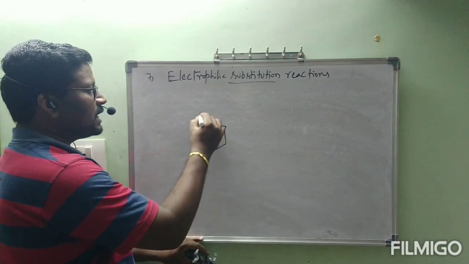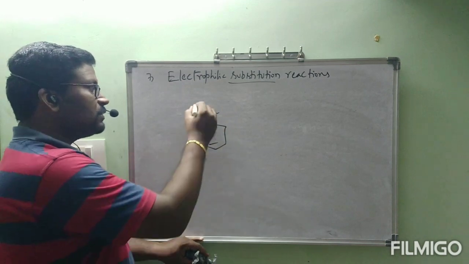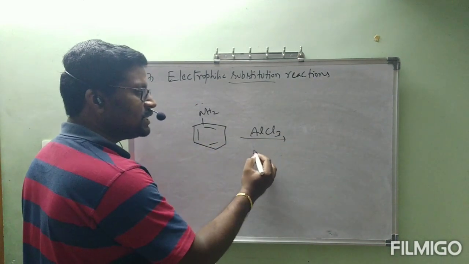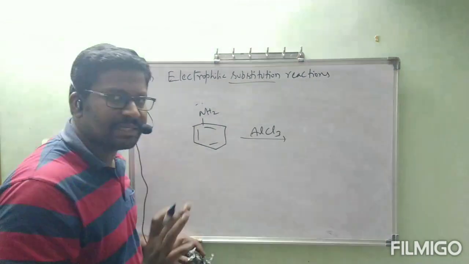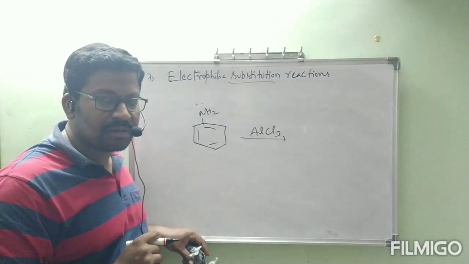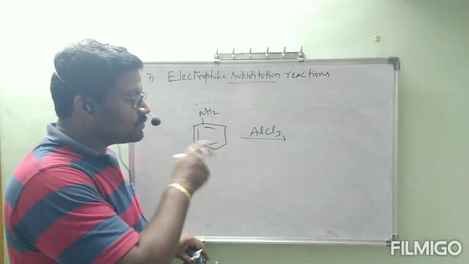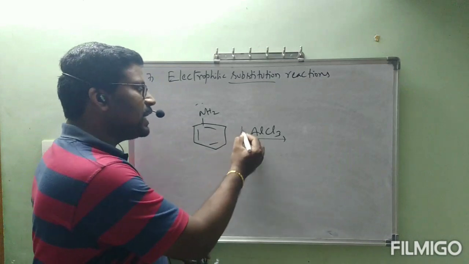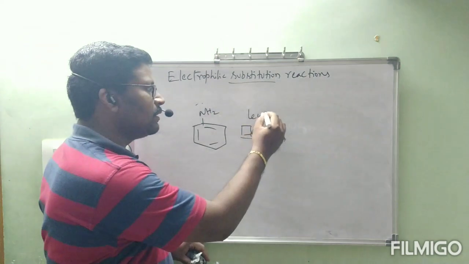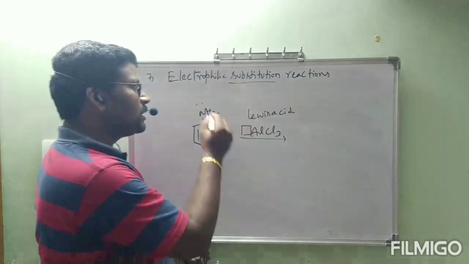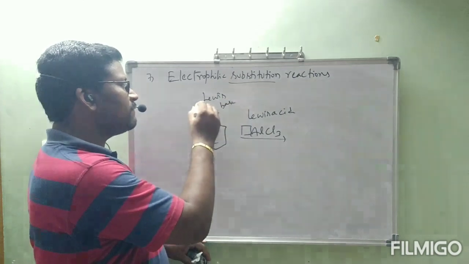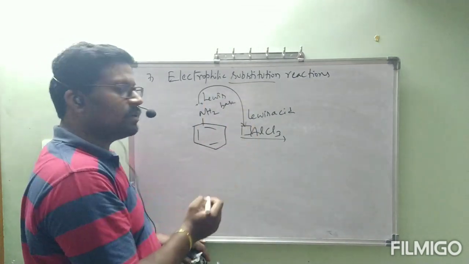In both Friedel-Crafts alkylation and acylation, CH3COCl and CH3Cl are the main reagents. But without AlCl3, the reaction will not happen. If you use AlCl3, it contains one empty orbital, which is a Lewis acid. This is a Lewis base. Then this lone pair of electrons will be donated into the empty orbital.